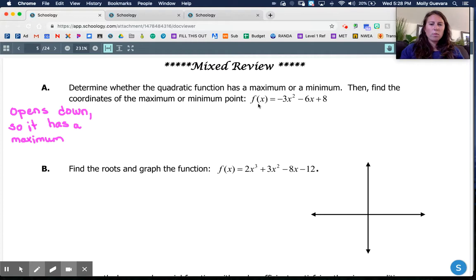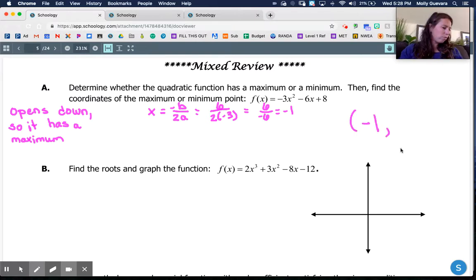Then it wants me to find the vertex, essentially the maximum point. To find the x-coordinate of the vertex, I can use my negative b over 2a formula, which I believe we did in unit 1. In this case, negative b is positive 6, and 2 times negative 3, because negative 3 is a. So I have 6 over negative 6, which is negative 1. So the x-coordinate of the vertex is negative 1.